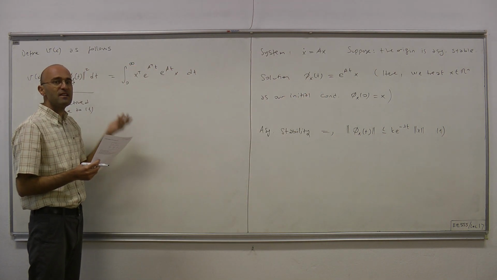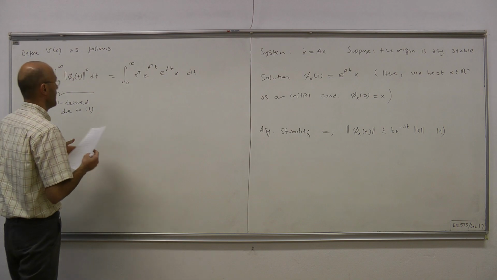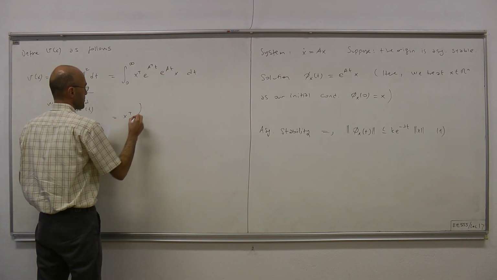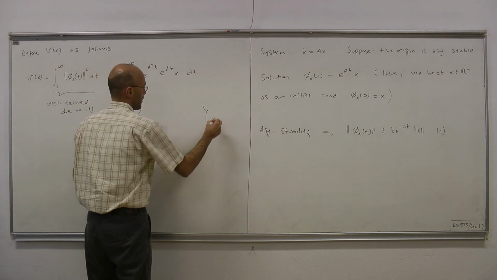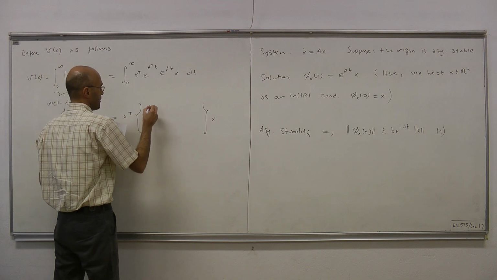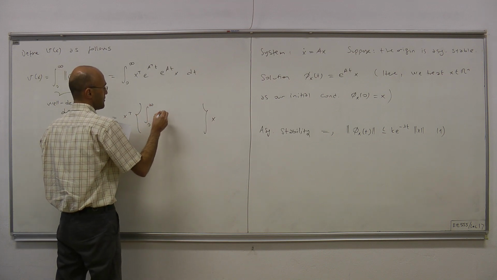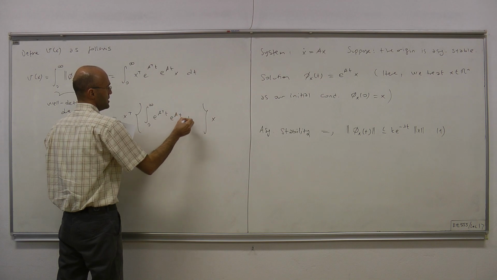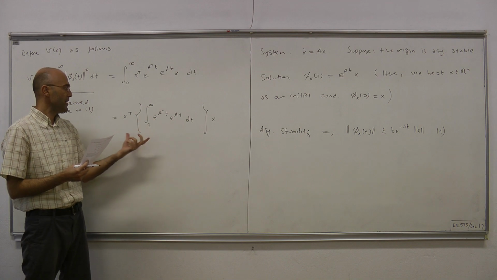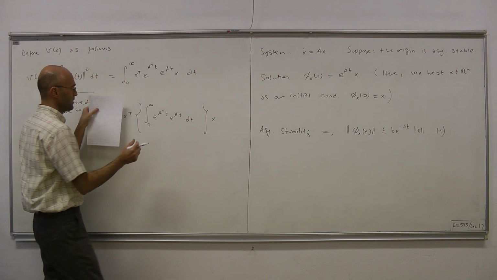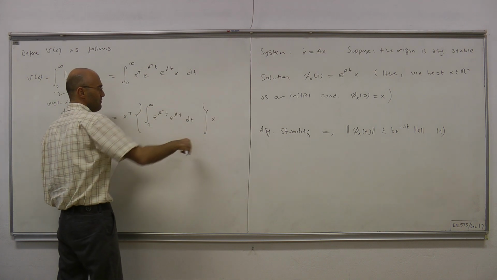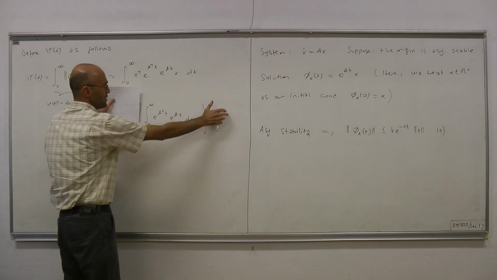Since x is constant, we can take it outside the integration and write this as x transpose, x, and in the middle we have this e to the a transpose t, e to the at dt. Now this thing is scalar, whereas this thing is also scalar, but this is a vector transpose, therefore it's a row vector, this is a column vector, and in between what we have is this.